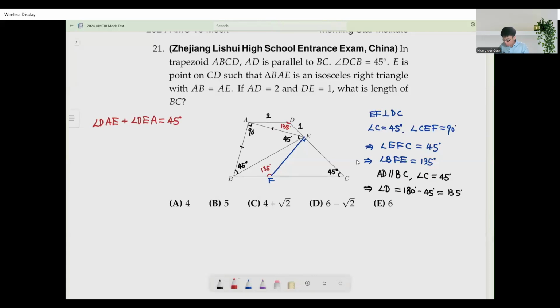Because we have drawn this perpendicular line EF perpendicular to DC, and the angle AEB is 45 degrees, that implies angle BEF plus angle DEA is 90 degrees minus 45 degrees, so 45 degrees.